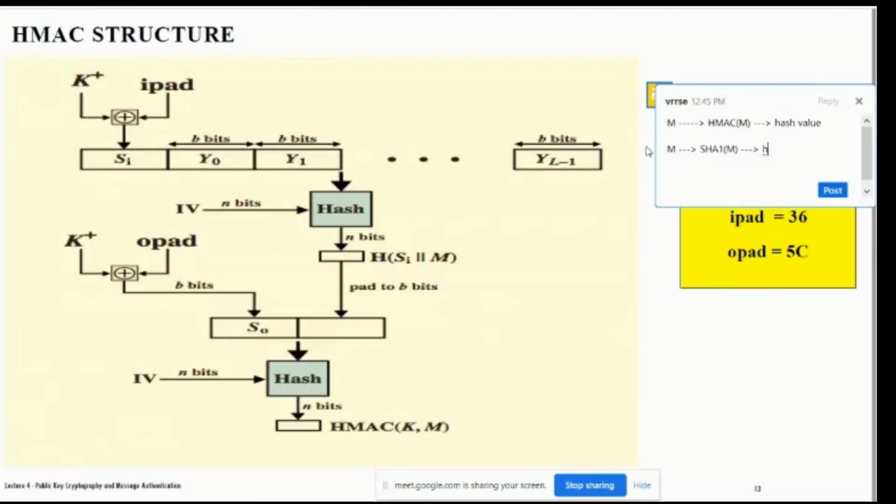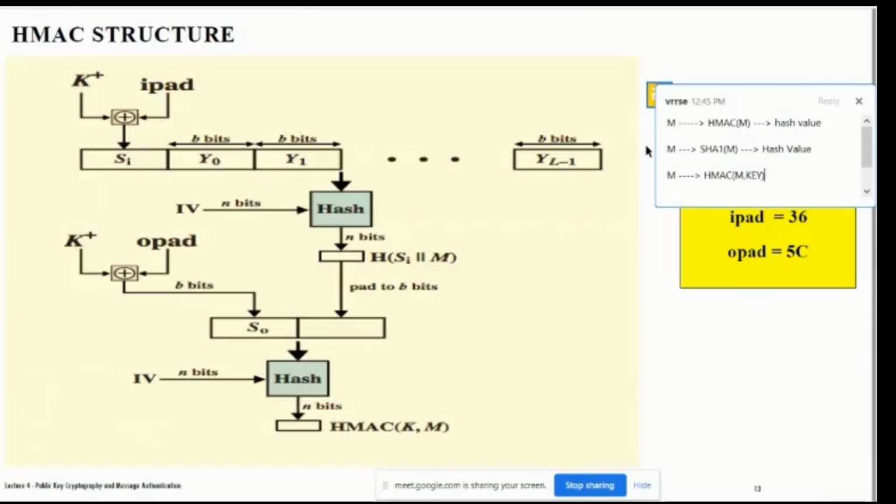This is what we studied in the last topic. Now I take the same message and send it into HMAC, but in HMAC you need the message plus a key.